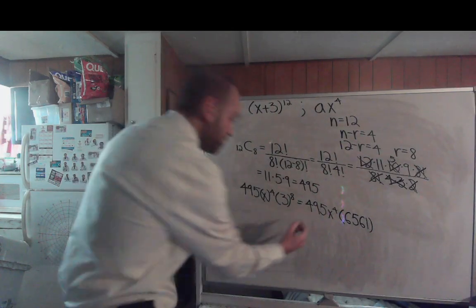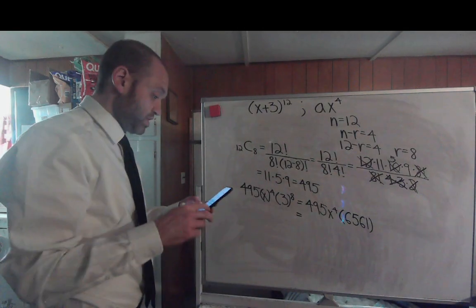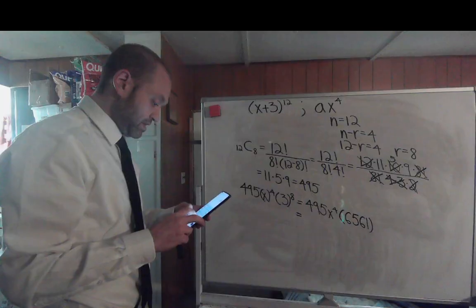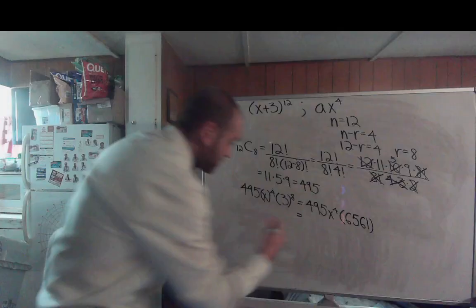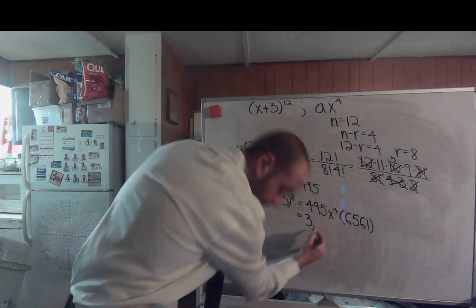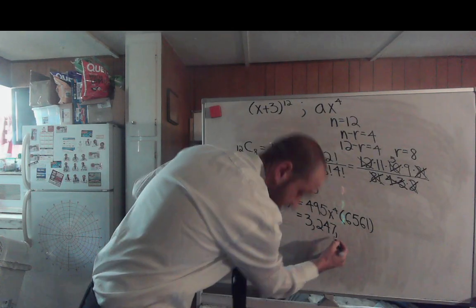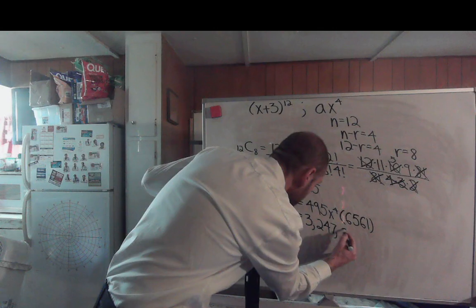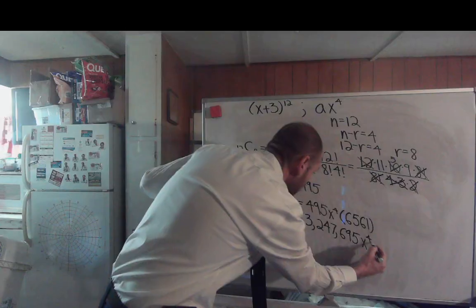Now we just do the multiplication. We should end up having our answer for what that coefficient is. And you end up getting 3,247,695 times that x to the 4th.